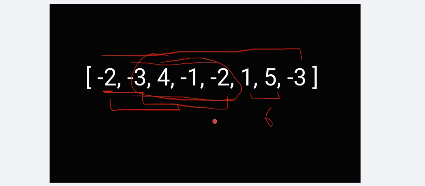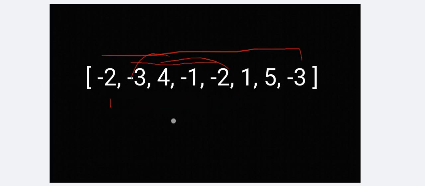If you go by brute force, this is going to take O of n cube time. How? We might have a for loop for picking the first element, and after picking the first element, we can select which element to end at.